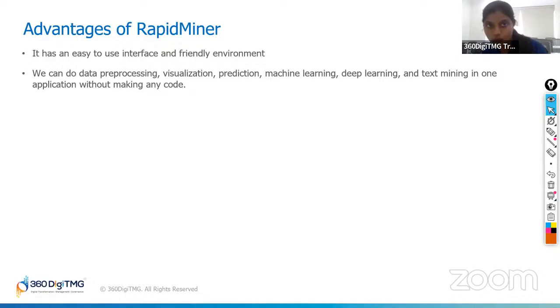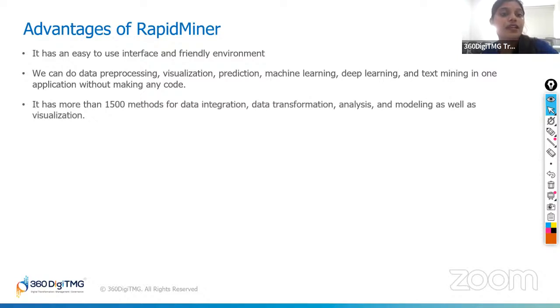It is easy to use because it has a visual, drag and drop interface, so that is user-friendly. And we can perform different kinds of tasks, like data pre-processing, visualization, prediction, machine learning, text mining, deep learning, all in one application without writing any code. That is one most important advantage of a no-code development platform or RapidMiner.